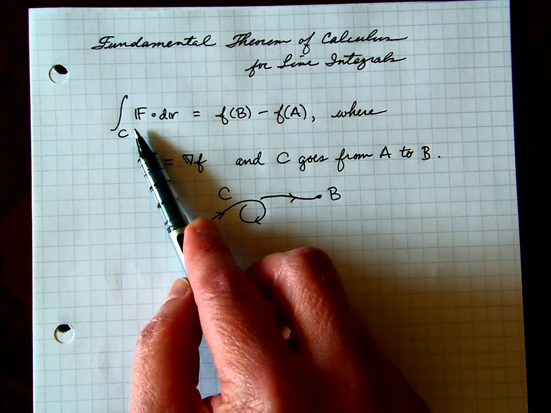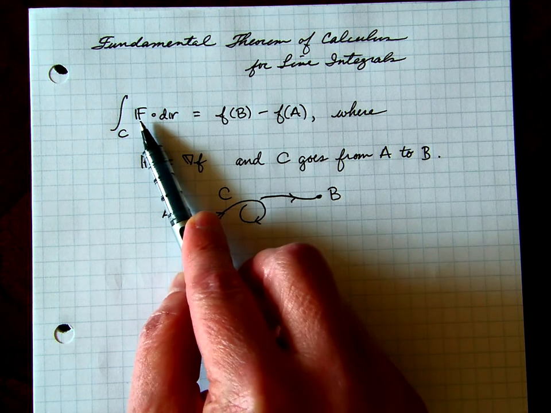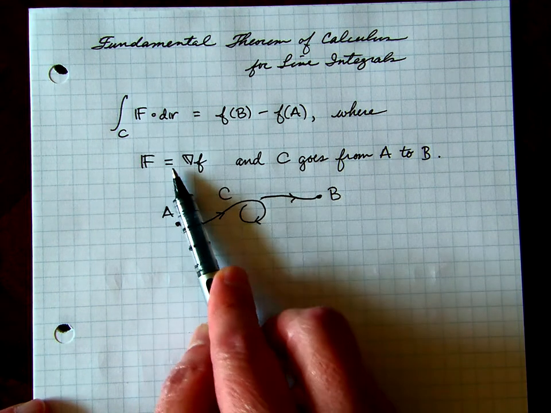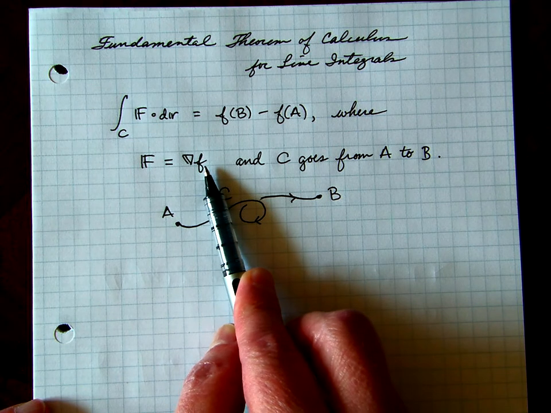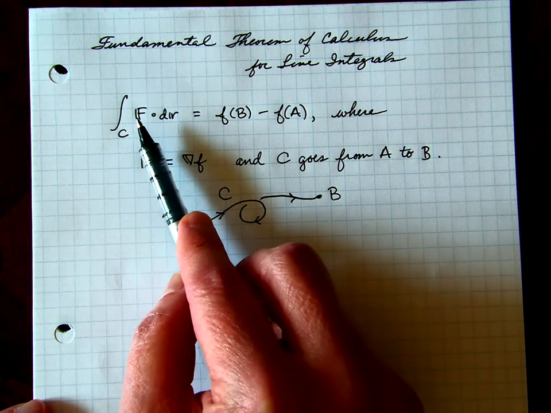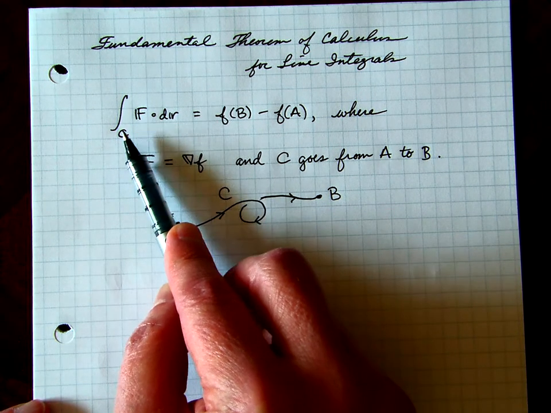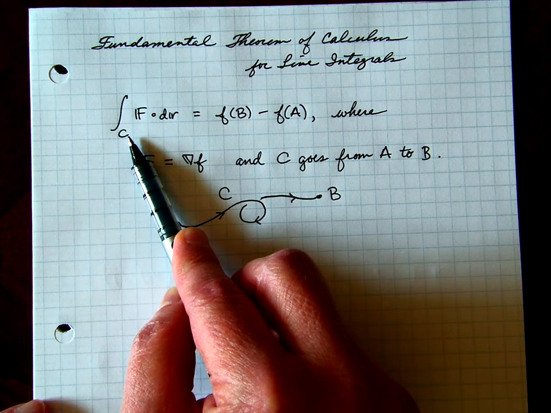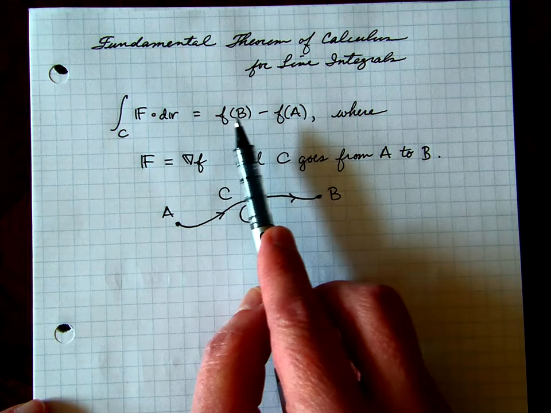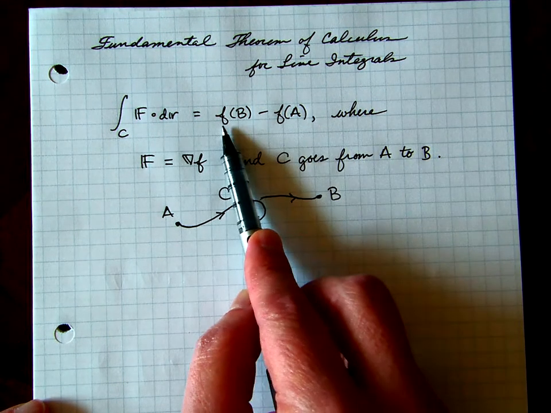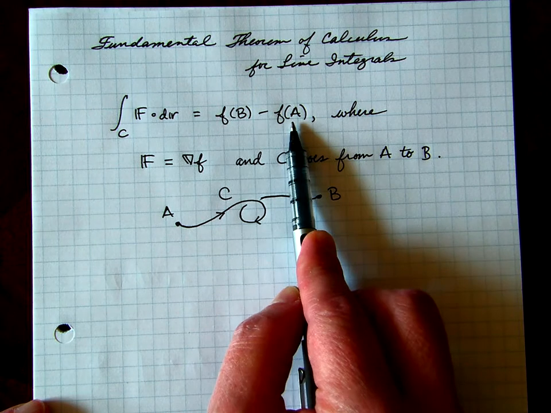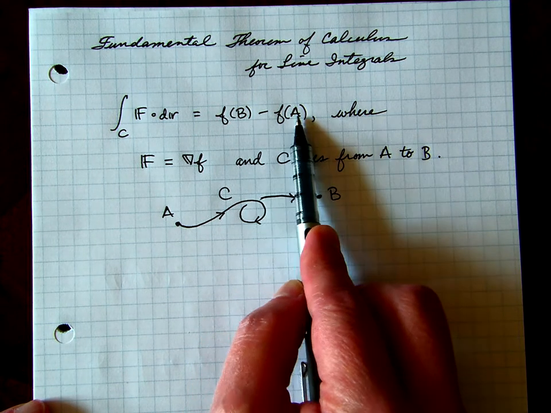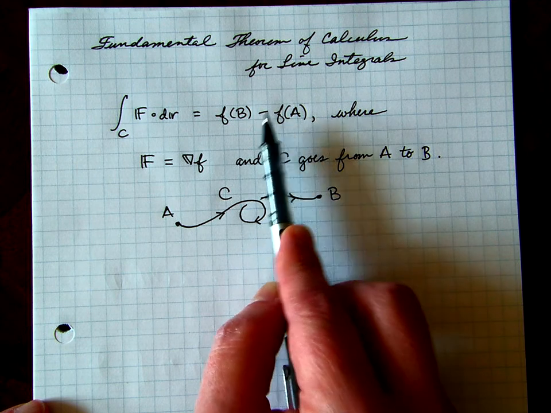If you're computing the line integral for a vector field f, which is conservative, that is, f equals the gradient of some scalar field, if you're computing the line integral of f over some trajectory or path, some parameterization c, you can just take the values of the potential function, the scalar field, at the end point of the trajectory, the beginning, the initial point of the trajectory, and subtract them.